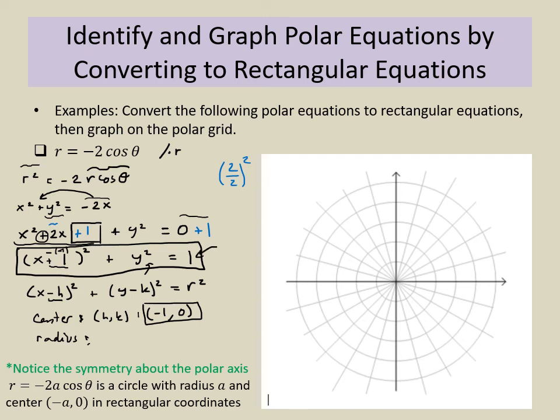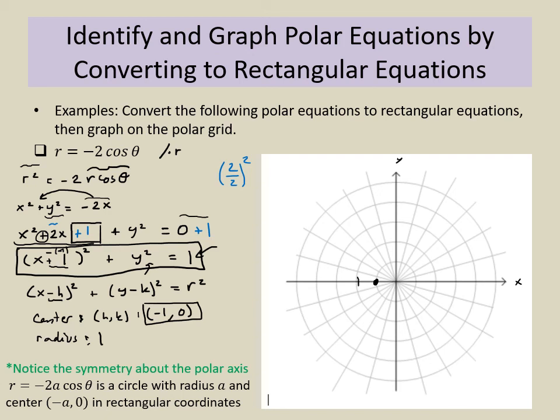What is the radius? Well, this here is the radius squared. Take the square root of that. Square root of 1 is still 1. So this is a circle with the center at negative 1, 0, if we're talking about rectangular coordinates. So that is this point right here, negative 1 and 0. And the radius is 1 unit.